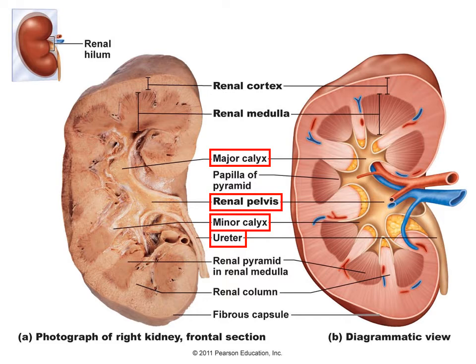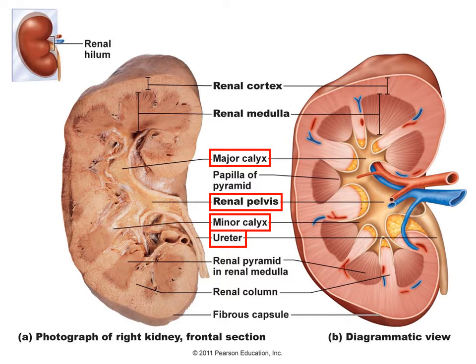As the waste product, which is the urine, is being produced, it's going to flow out of the pyramid areas into initially what is called the minor calyx. This is basically the spaces between the columns. And then from there it flows into another open area called the major calyx, and finally into the renal pelvis.